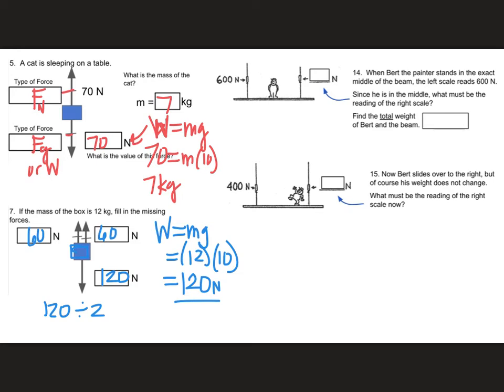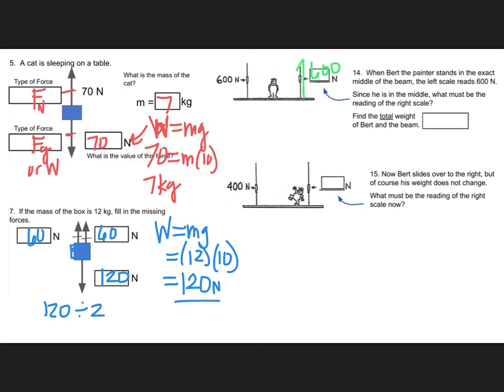All right, these last questions, we have somebody who's standing in the middle of a beam. And on one side, we're told that the beam is supported with 600 newtons of force. If he's in the middle, then there must be another 600 newtons on the other side holding him up. So these are going to be equal in this case because he's in the middle.